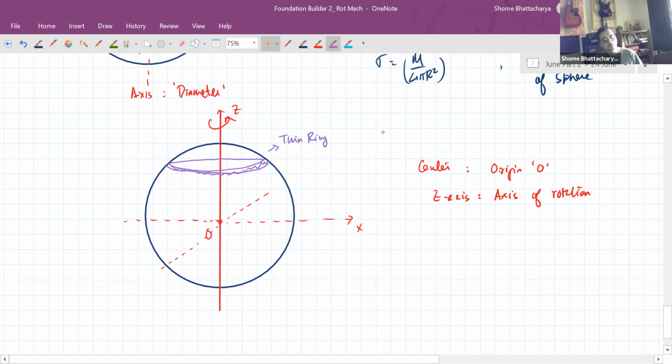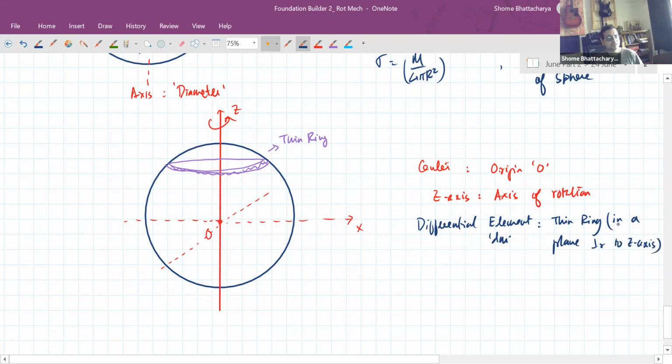So the differential element dm is a thin ring in a plane perpendicular to the z axis, perpendicular to the axis of rotation. You can see that you slice that using a plane which is parallel to the xy plane.